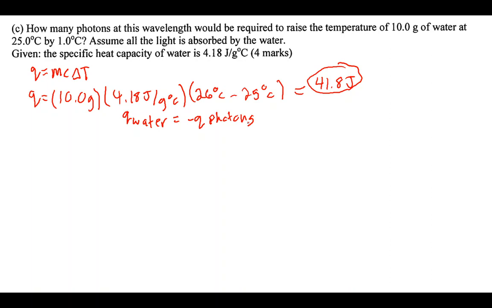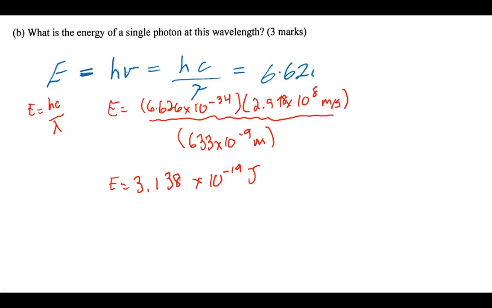So essentially this next step is going to be a unit conversion. So we calculated that we need 41.8 joules of energy to heat the water up by that much. And the only way we can do that is by using the photons. So we need to look back at our previous part of the question, and we calculated that every photon contains that much energy.